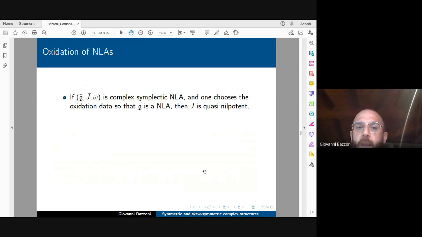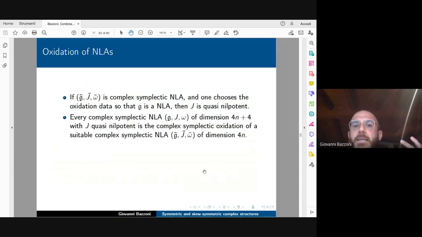And in general, that's very general, not just in dimension 4. If you have a complex symplectic nilpotent Lie algebra, g bar, J bar, omega bar, and you choose the oxidation data so that the resulting Lie algebra is nilpotent, then J is actually quasi-nilpotent. Okay, so you produce something that can be reduced.